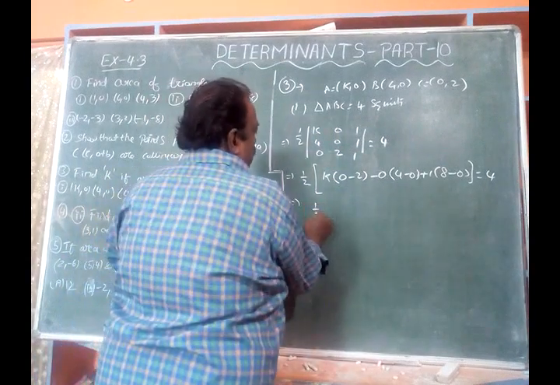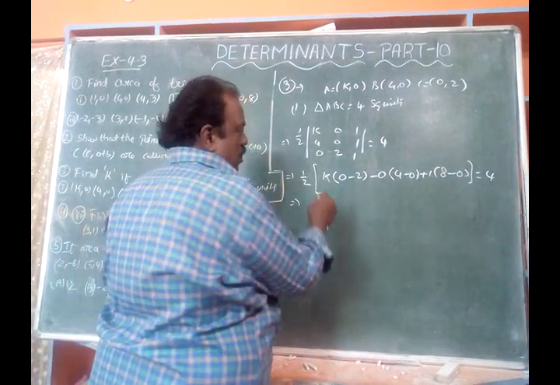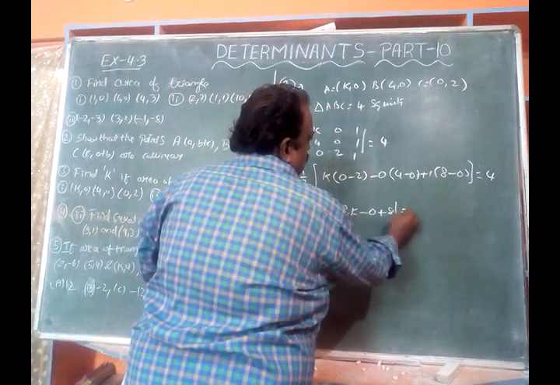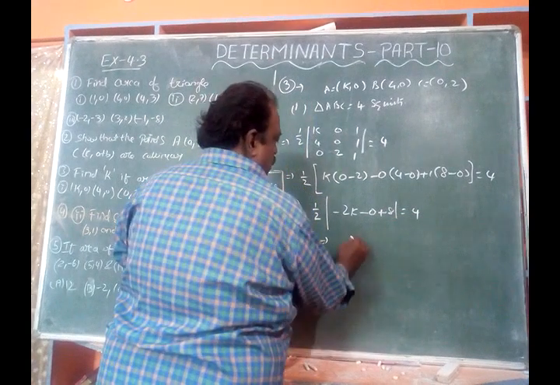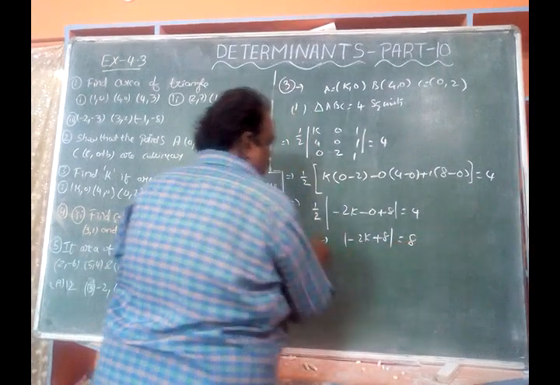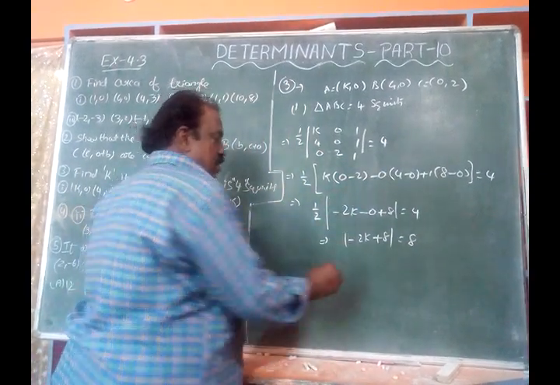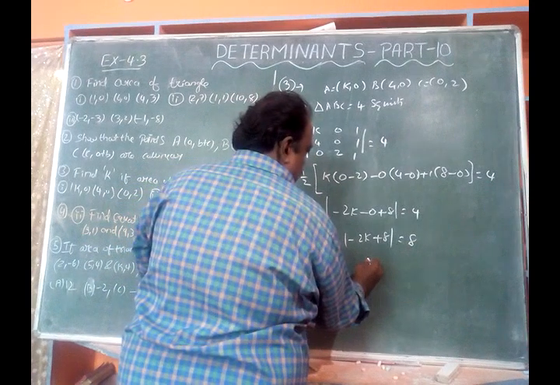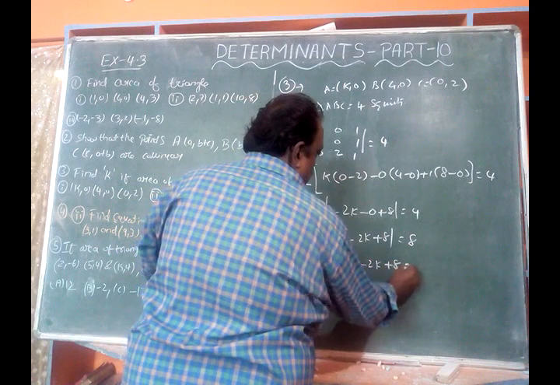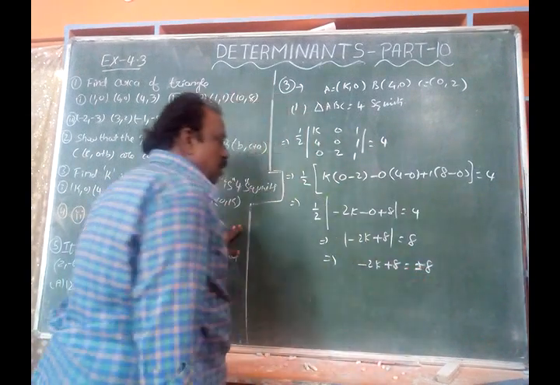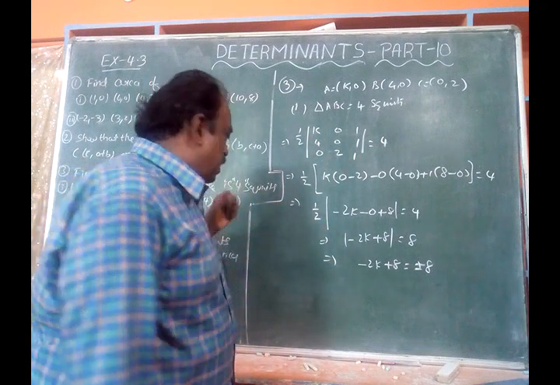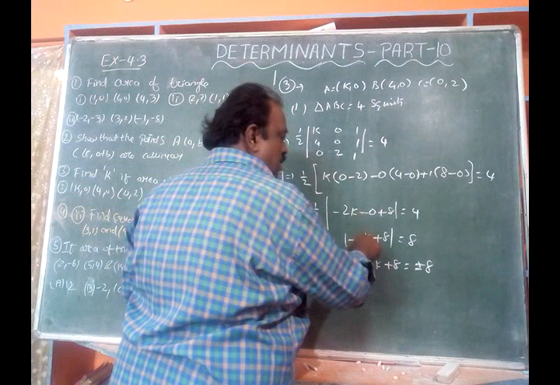Now this is 1 by 2, with the modulus we put it. This is minus 2k minus 0 plus 8 is equal to 4. It is minus 2k plus 8 with the modulus is equal to 8. This 2 goes to that side, it is 8. And minus 2k plus 8 is equal to plus or minus 8. I am releasing the modulus; without modulus it is plus or minus.